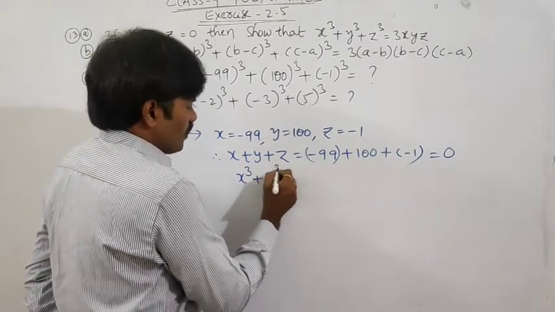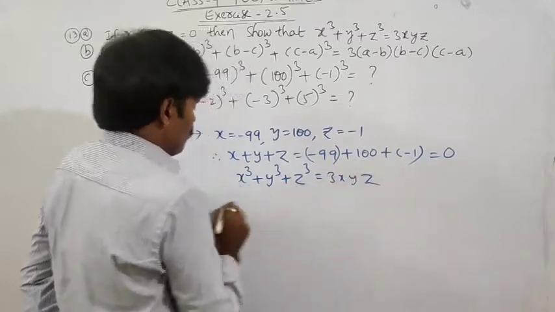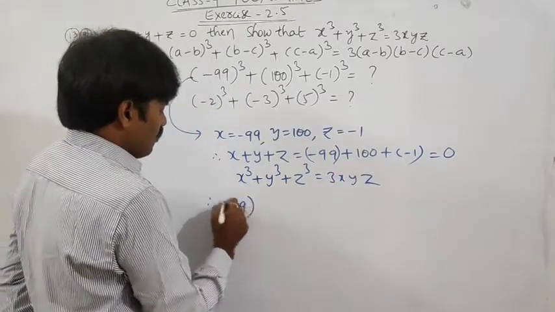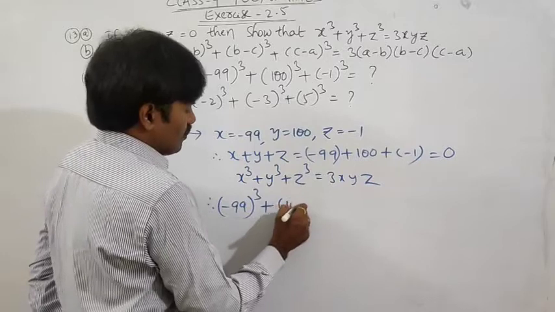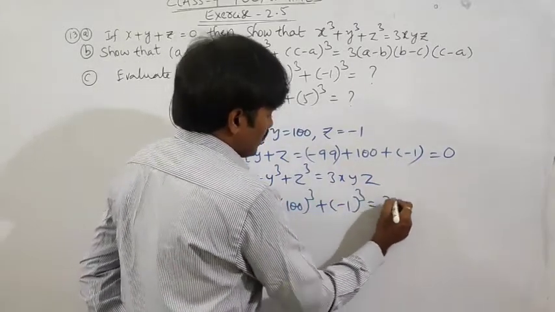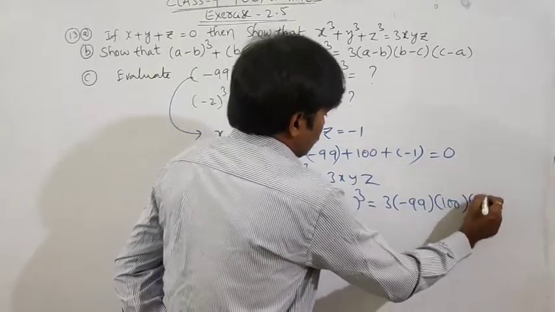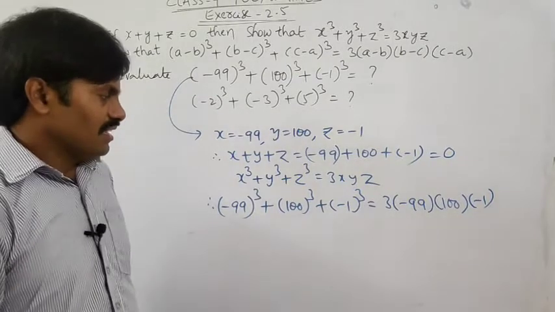Okay, so here x plus y plus z value is 0, which means the answer is, we know that x cube plus y cube plus z cube is equal to 3xyz. So therefore minus 99 whole cube plus 100 cube plus minus 1 whole cube is equal to 3 into x value minus 99, y value 100 into z value minus 1. Is it clear?